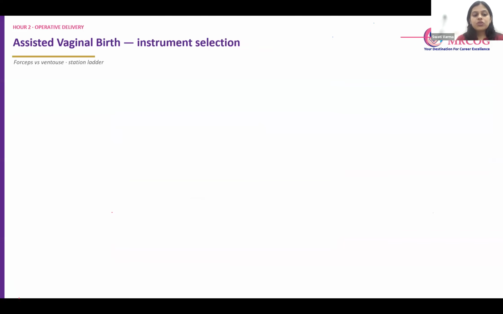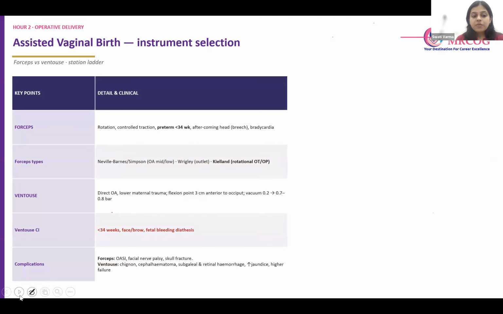Now let's come to instrument selection. Forceps versus ventouse, station ladder. Now regarding when forceps is preferred and when ventouse is preferred, often we are baffled about when to choose forceps and when to choose ventouse.